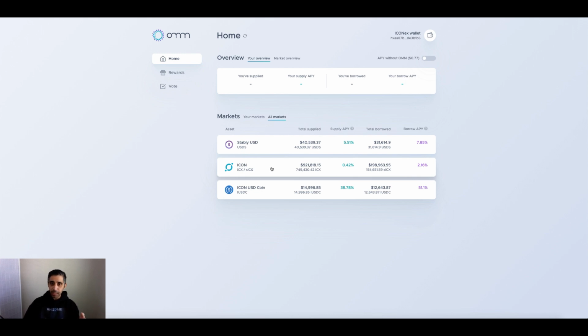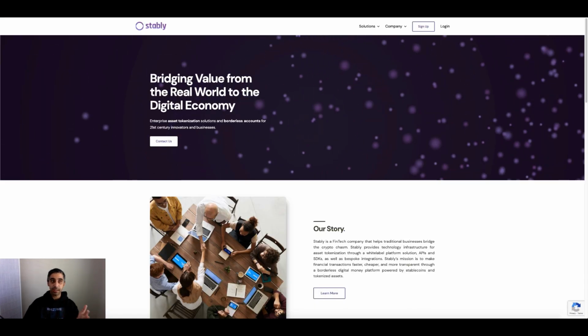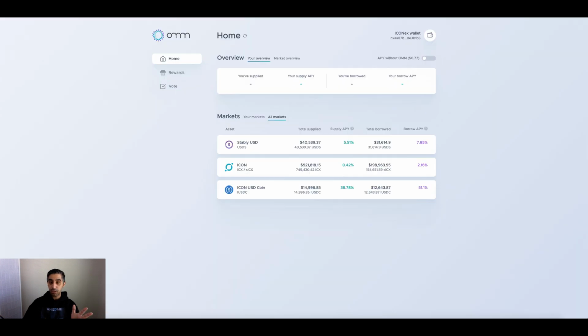ICX is probably not the best one to start off with. Let's look at Stably. If you didn't know what this is, USDS is the new stablecoin that is going to be launching with the platform. You can actually kickstart and sign up via Stably and start transferring US dollars from a bank account or wire transfer, and it will mint USDS.